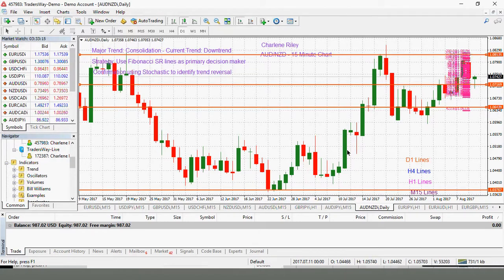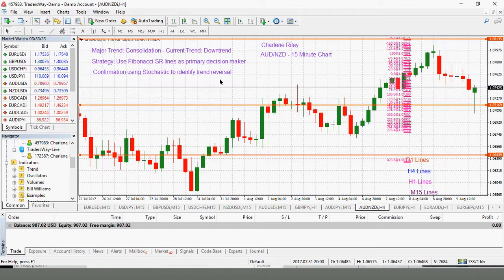Okay, so as I said, the market has been in an uptrend lately on the daily chart. So looking now at the 4-hour chart, we see that for the past 24 hours, the market has been in somewhat of a downtrend.